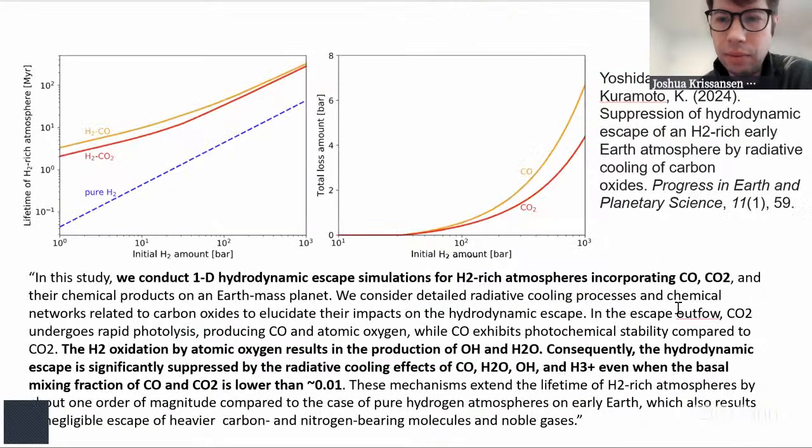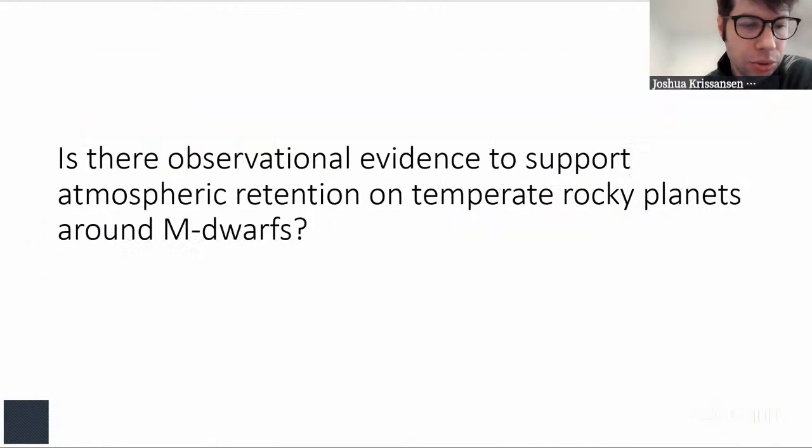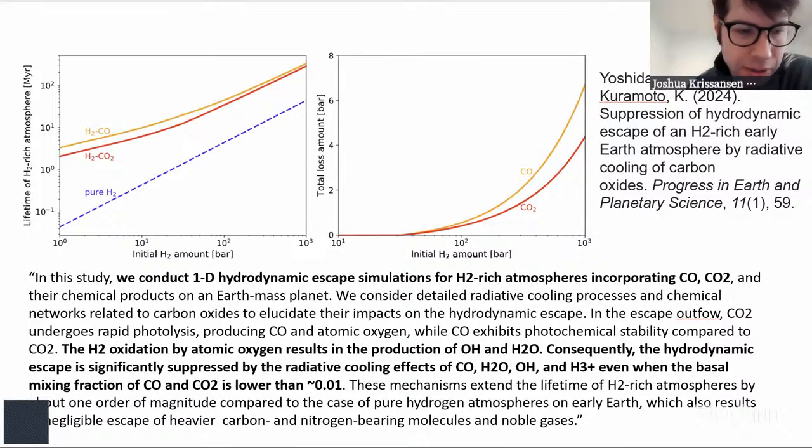And then this Yoshida paper looks specifically at more primary atmospheres, with a lot of molecular hydrogen, and found that even then escape is less vigorous than you'd expect, because you produce photochemical products that radiatively cool the upper atmosphere and result in much less escape than you'd expect with just a pure hydrogen envelope. So all of this, in my mind at least, points in the same direction.